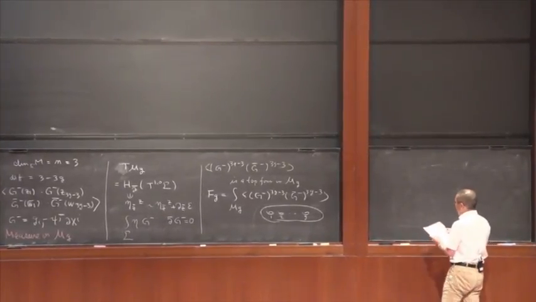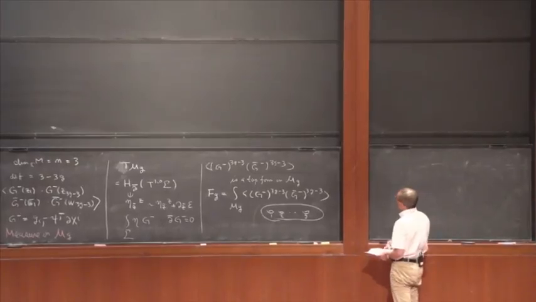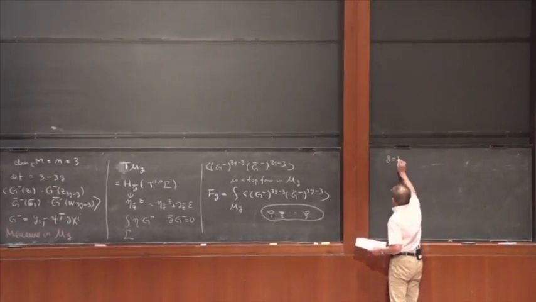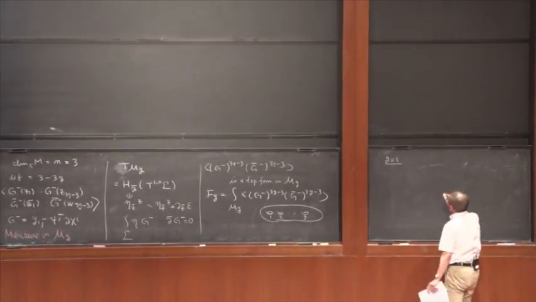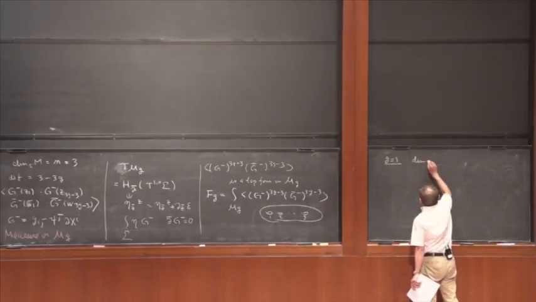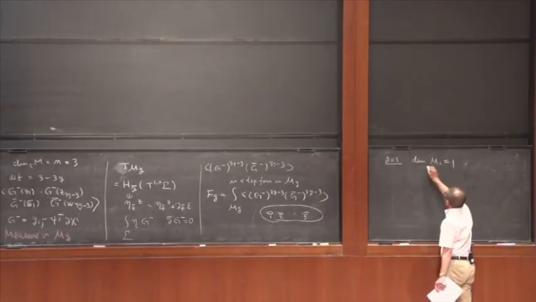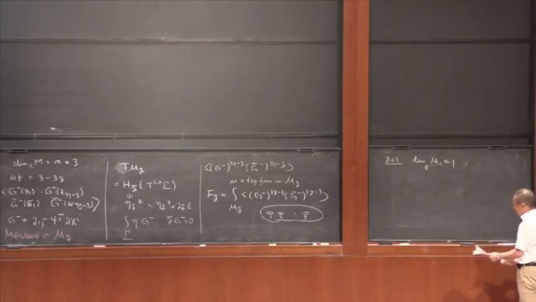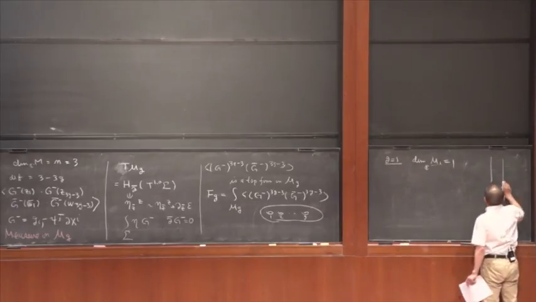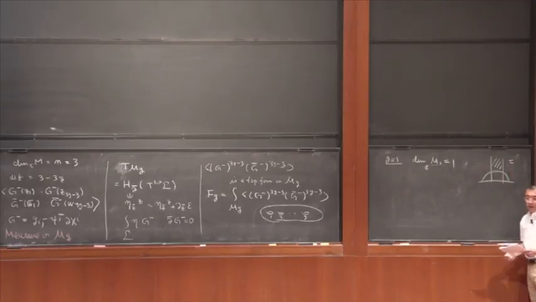I want to make one small comment, which is that the case of G equal 1 is somewhat special. In this case, we say that the complex dimension of the moduli space of genus 1 surface is 1, which most of you are familiar with in terms of this fundamental domain of modulus of torus.